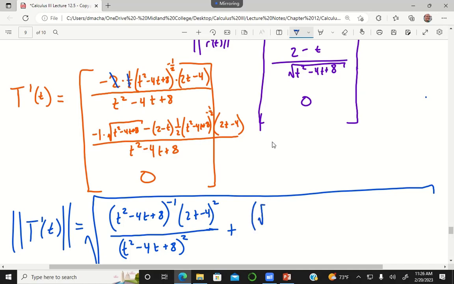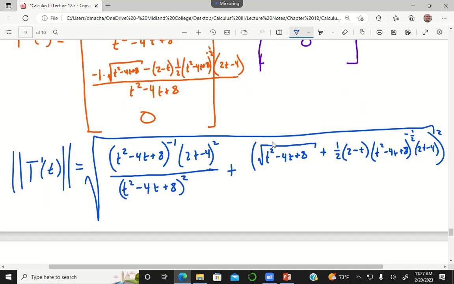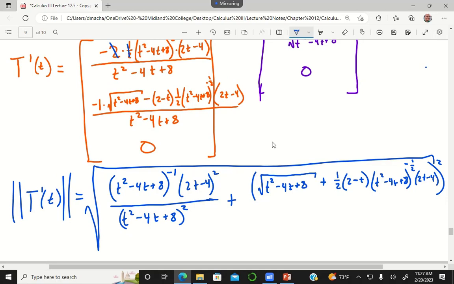However, I can't be too reckless here, so I have to say t squared minus 4t plus 8 plus 1/2 times 2 minus t times t squared minus 4t plus 8 to the power -1/2 times 2t minus 4, close parentheses squared, over, actually it would be the same denominator, and so since it's the same denominator, what I should really do is just something like this.